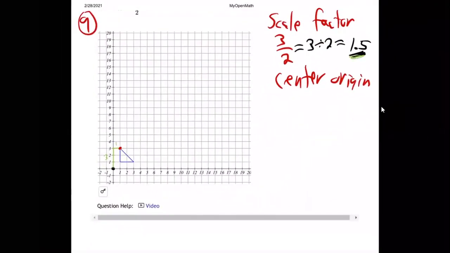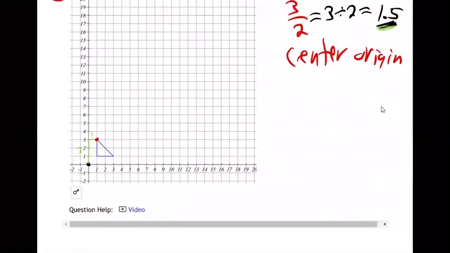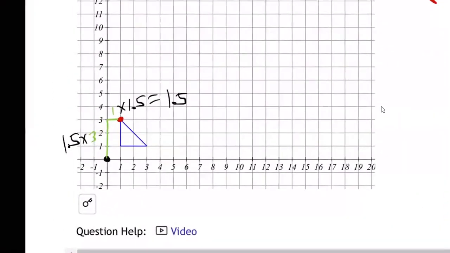Multiply by 1.5, right? So I'm going to multiply both those numbers by 1.5. Well, 1 times 1.5 is just 1.5, and then 1.5 times 3 equals 4.5. So remember, that's what we do with a scale factor. You multiply by that number.